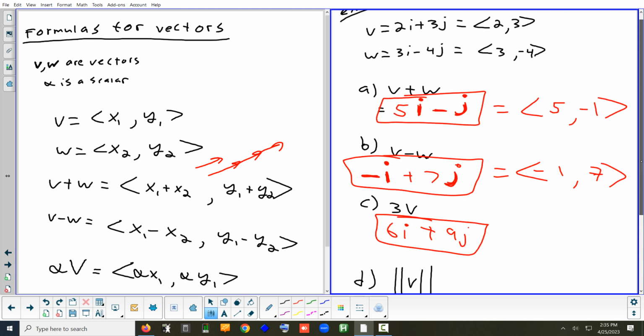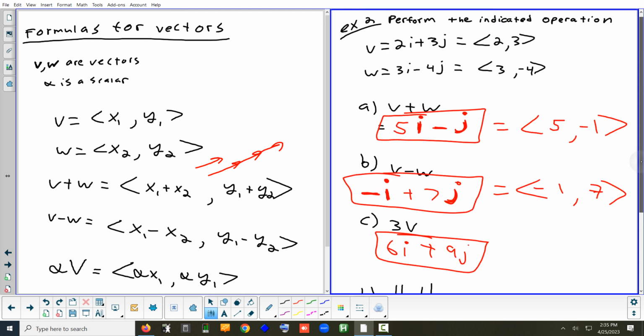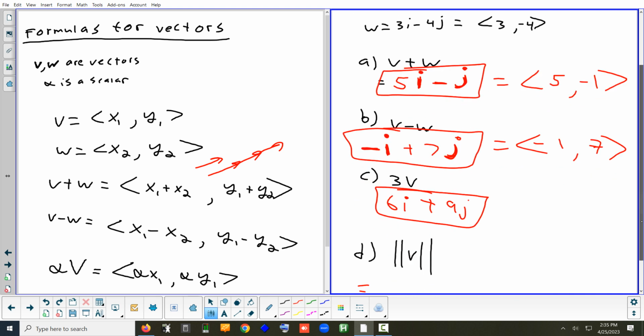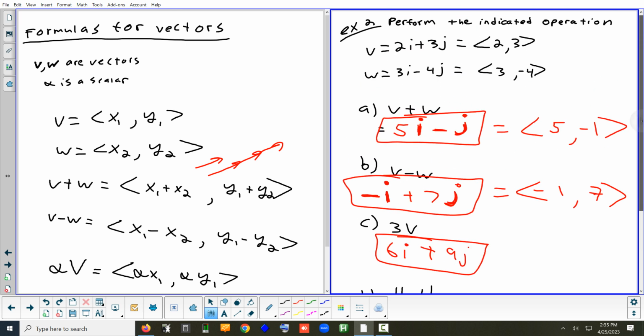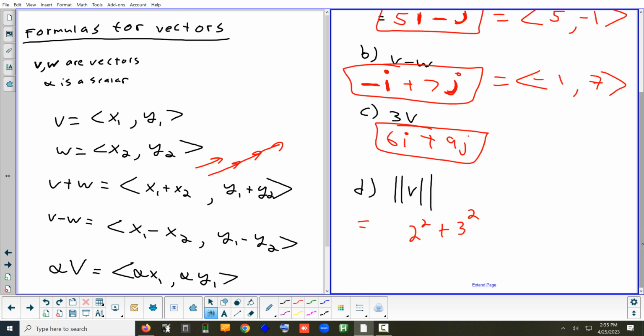2 squared plus 3 squared. Yep, 2 squared plus 3 squared equals the magnitude of v squared. So what do we want to do with this so we get just the magnitude and not the magnitude squared?